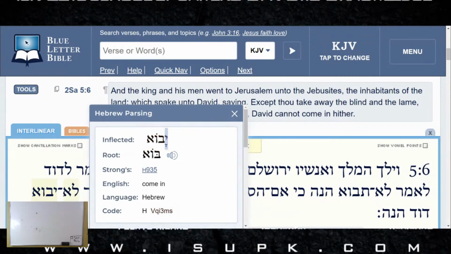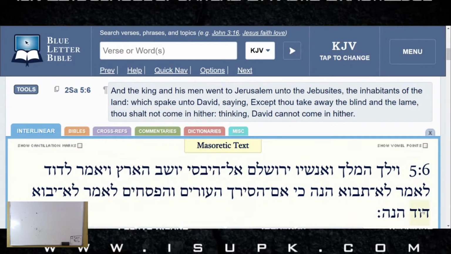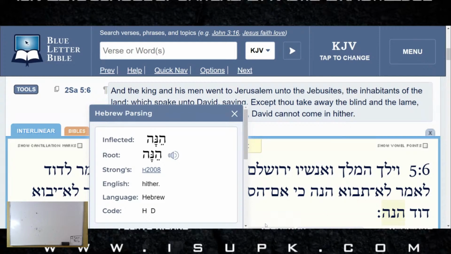Thinking he cannot come in. Who is the he? The he is just pointing to David. Thinking David, right up here, cannot come in. And the last one is hither or here. Thinking David cannot come in here.